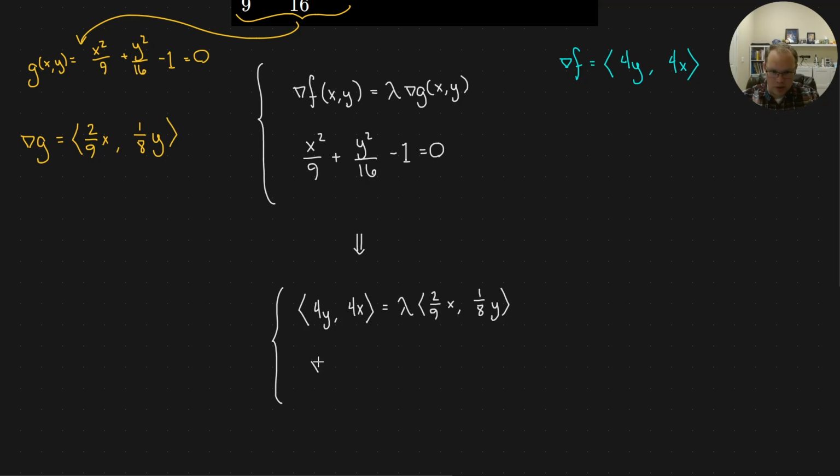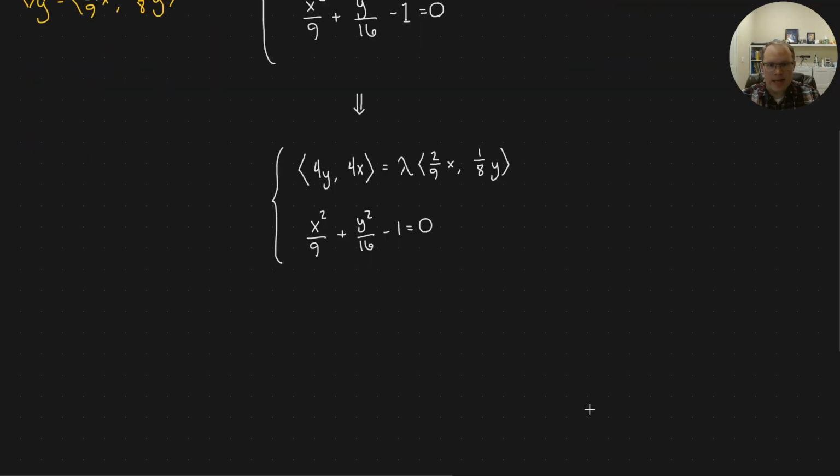And then I have the constraint equation itself, x squared over 9 plus y squared over 16 minus 1 equals 0. Now, this vector equation, we could actually split it into two equations by setting the first components equal and the second components equal to each other. Okay, so let's go ahead and do that.